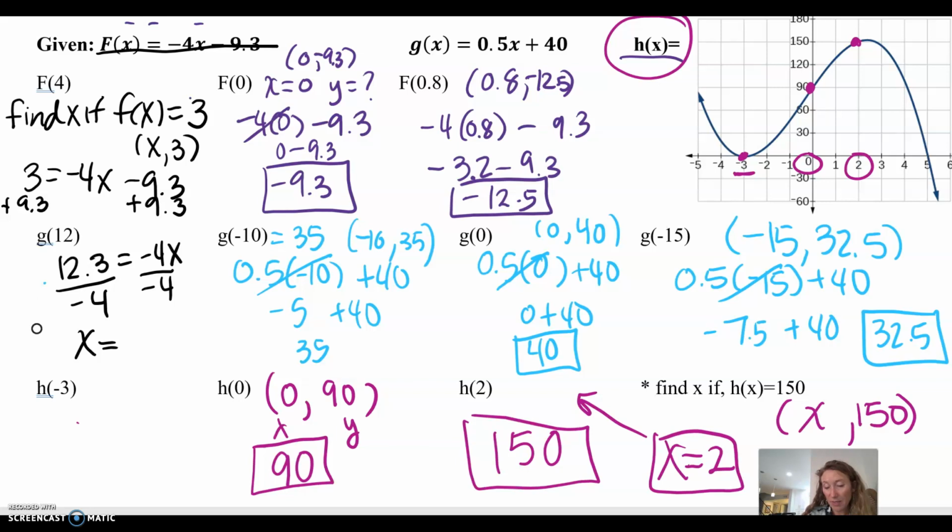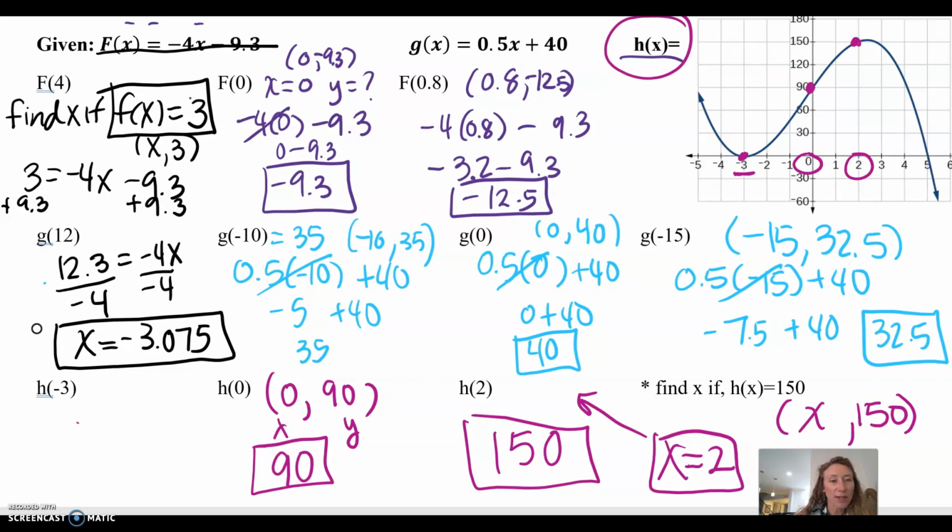I know my answer is going to be negative, and I get negative 3.075. So now I've found an x value because it said f of x equals 3. So you can tell the difference because the letter x is still there.